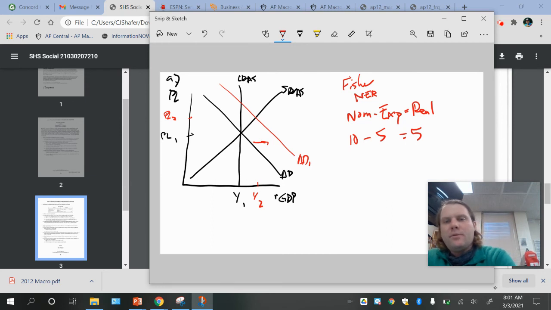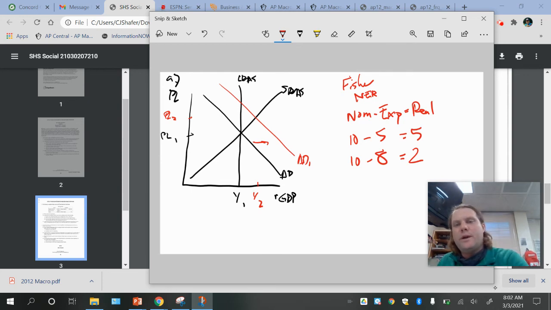Now, if we have our nominal wages frozen, we stay at 10, our expected inflation goes up to, let's say, 8. That makes our real wages, make sure I word it correctly, go down 3. So what happens to real wages in terms of this particular thing?